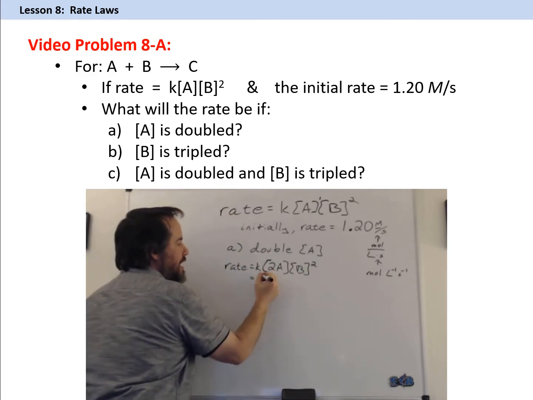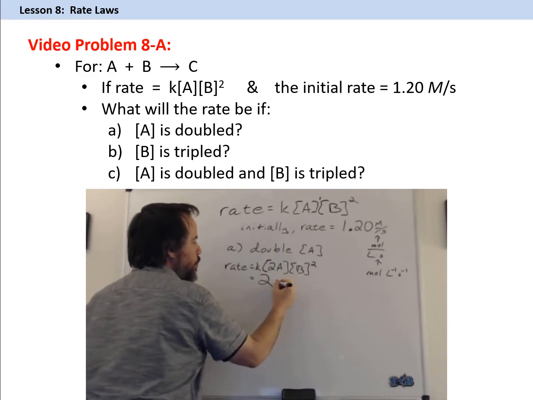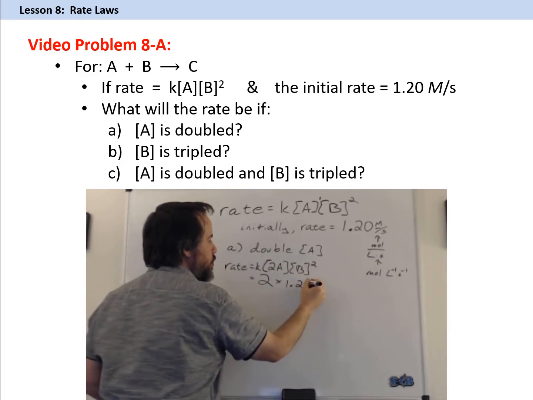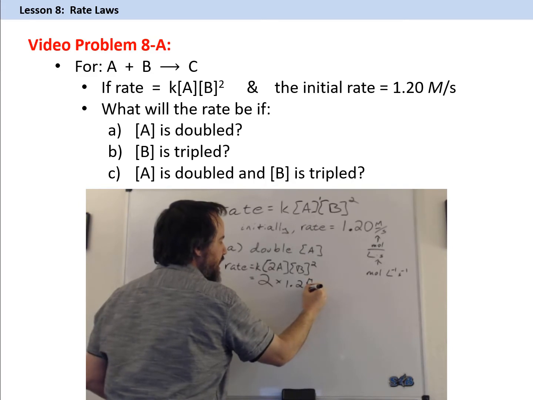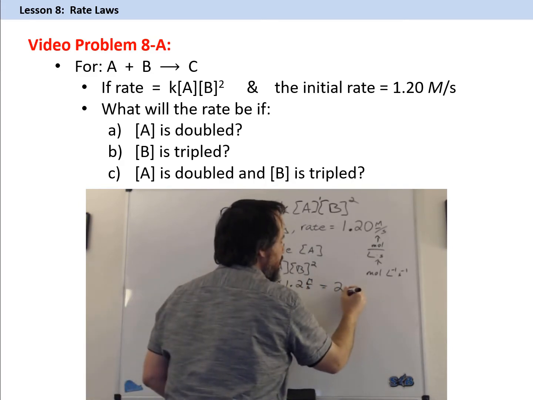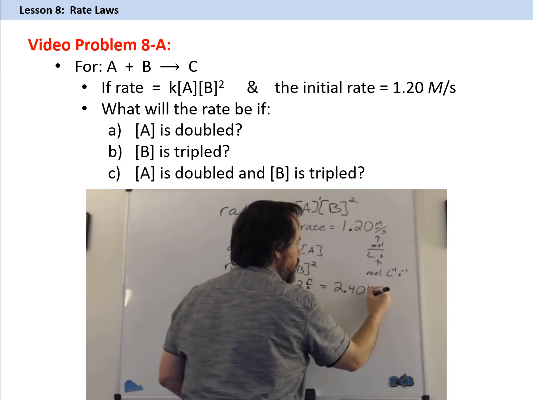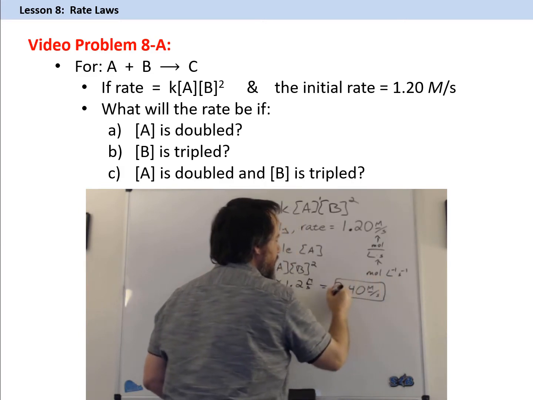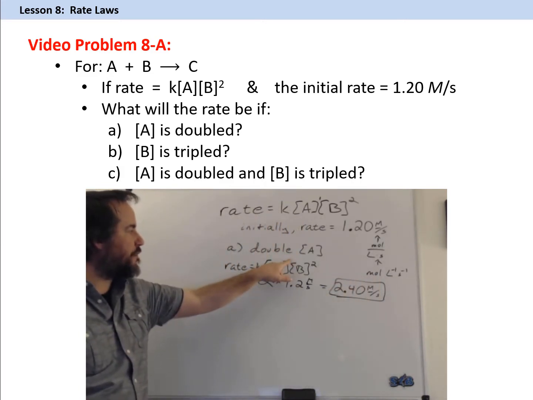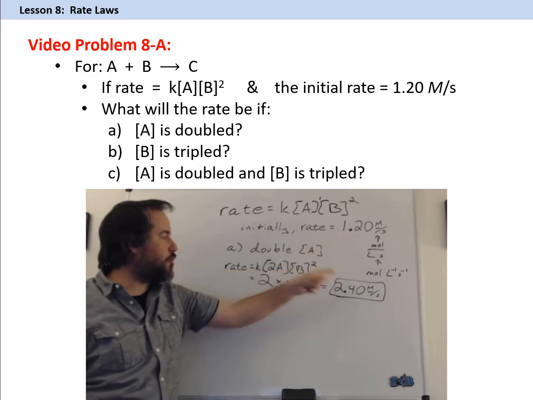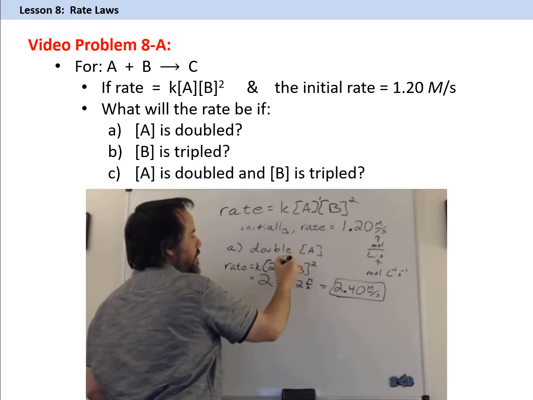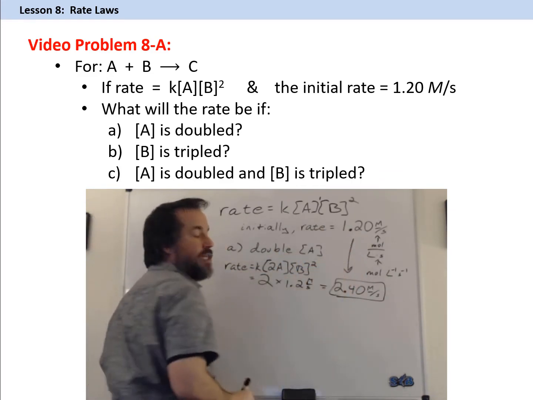So my rate is now going to be 2 times what it used to be, 1.2 molar per second. So it's going to be 2.40 molar per second, right? Doubling something to the first order doubles it, right? So I doubled A, so this doubled.